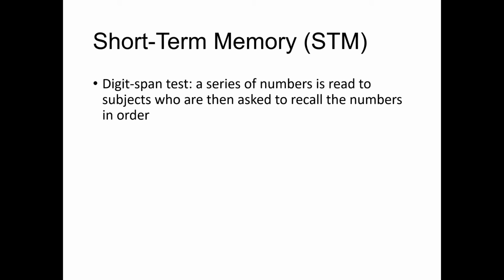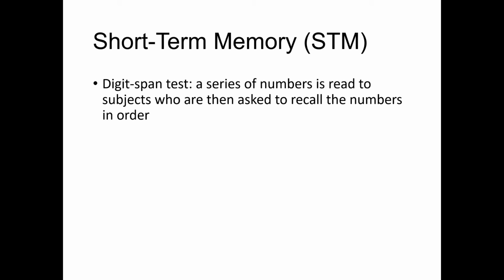Were you able to write down all the numbers? To double check if you got it right, the numbers I just said were 9, 2, 5, 4, 6, 3, 8. So this was 7 digits.